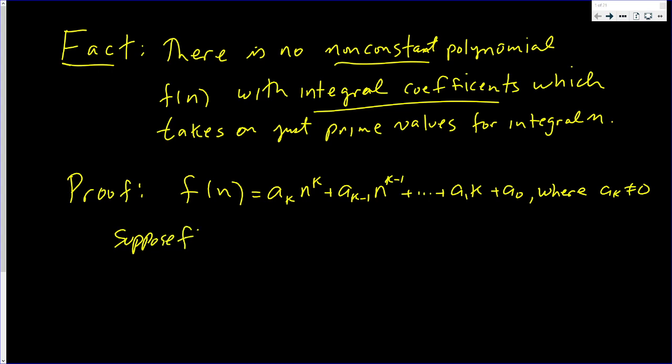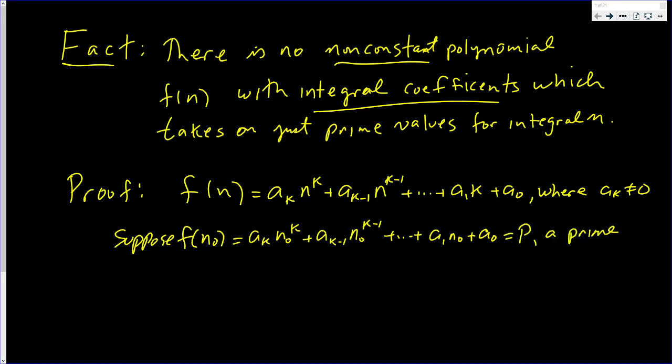Suppose f of n0 is prime. That is, f of n0 is a sub k n0 to the k plus a sub k minus 1 n0 to the k minus 1 all the way down to a1 times n0 plus a0 is equal to p, a prime.